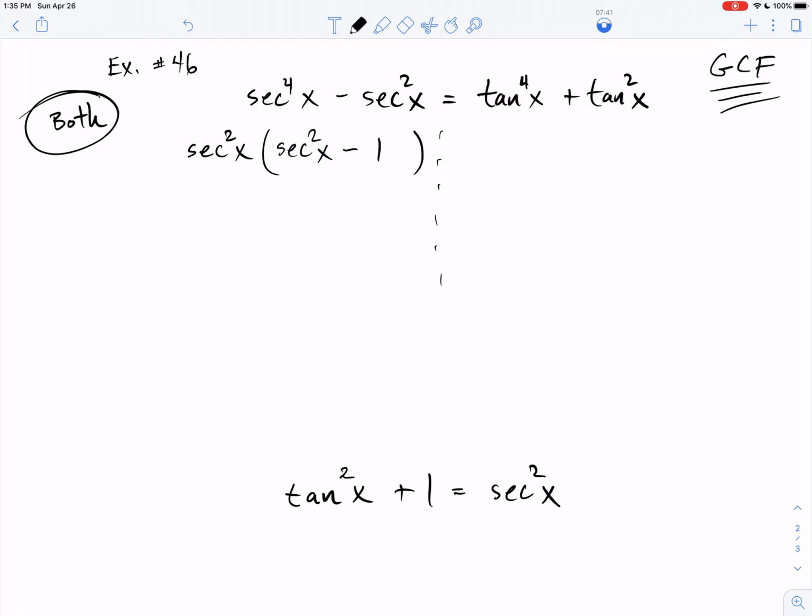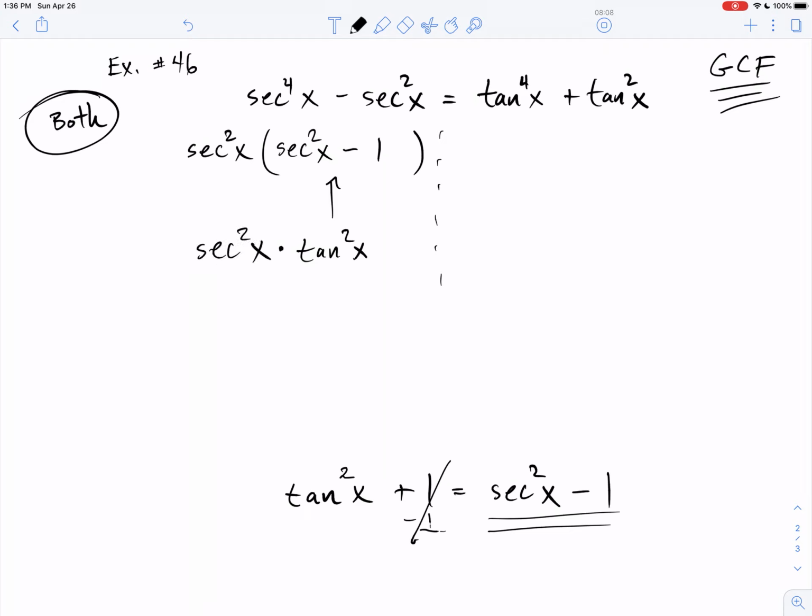They say sometimes you will want to use an alternative version of one of your formulas. If this guy was on the other side, then I would have, hey, that's the same thing as, you guessed it, tangent squared x. So I have tangent squared x times secant squared x.